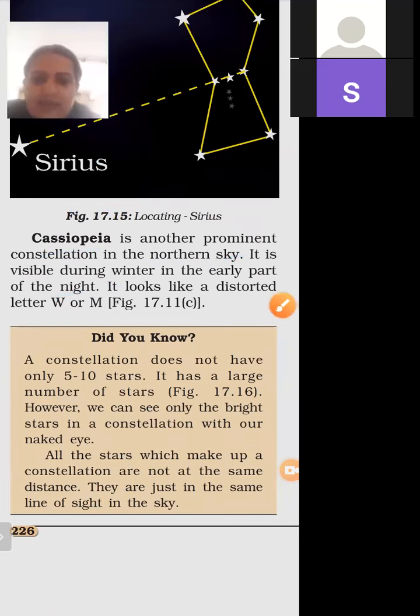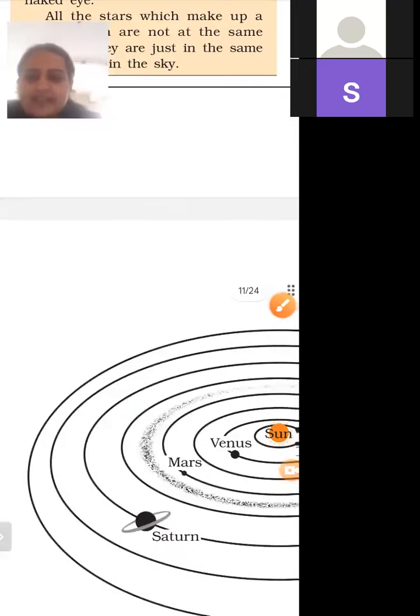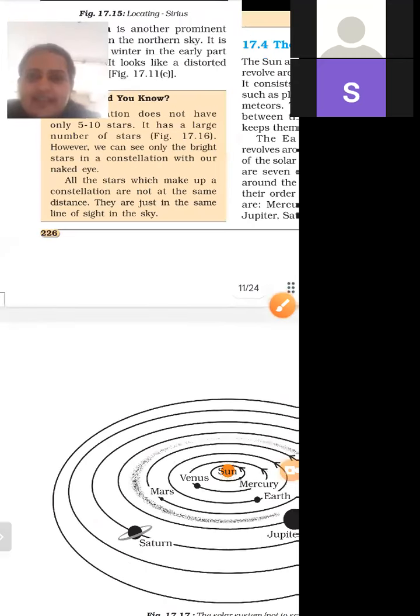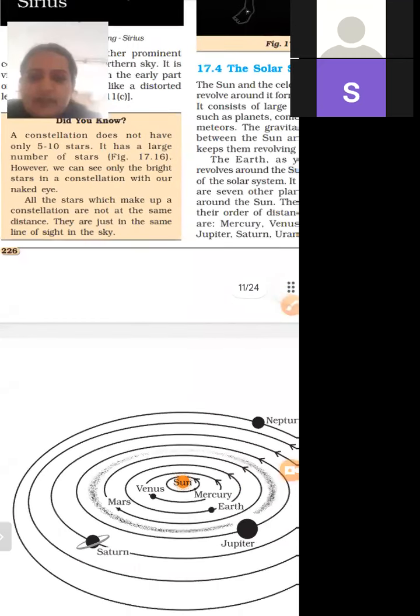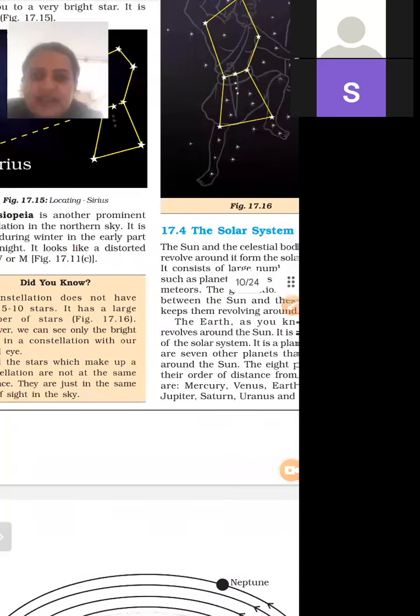And what is the shape of Cassiopeia? It is similar to a W or M. I'm showing the Cassiopeia.